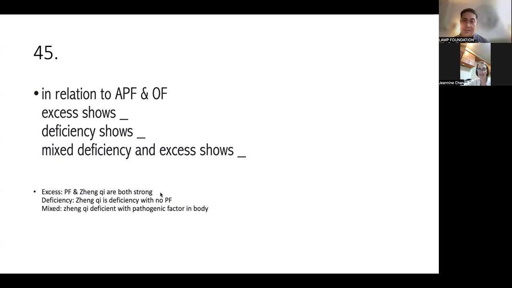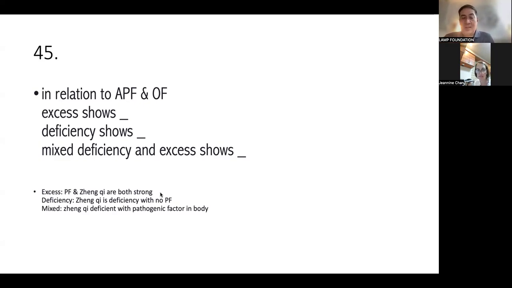There is an ongoing battle, that's why it's excess. In deficiency, your immune system is weak and there is no pathogenic factor, so everything is weak.